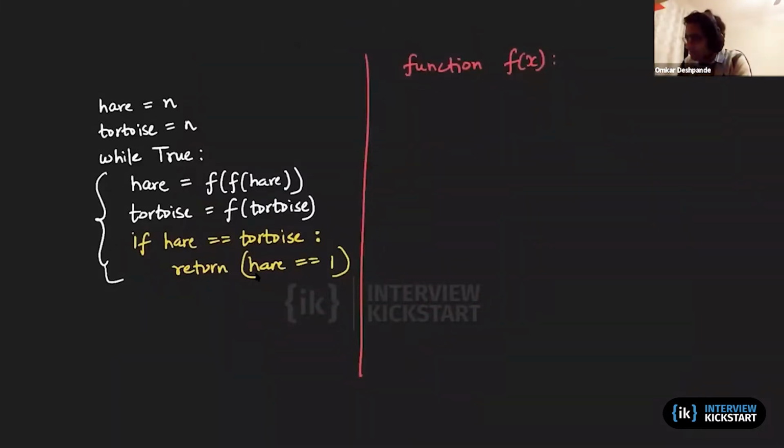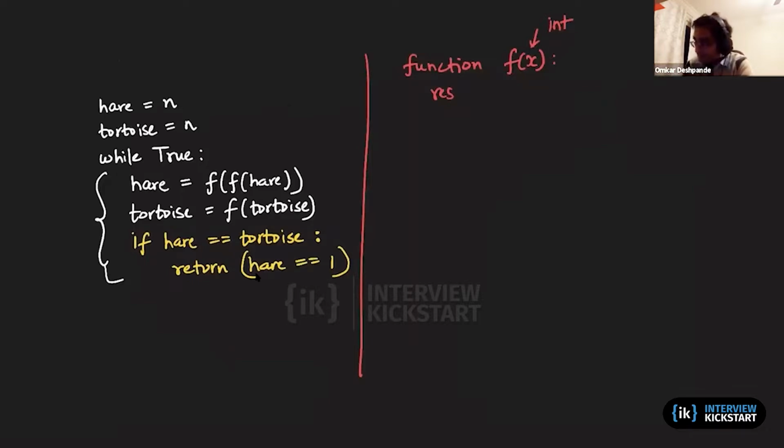I haven't written the definition of this function, so let me write that also. Given an integer x, what is f of x supposed to return? We have to break x apart into each individual digit and add up the squares of those.